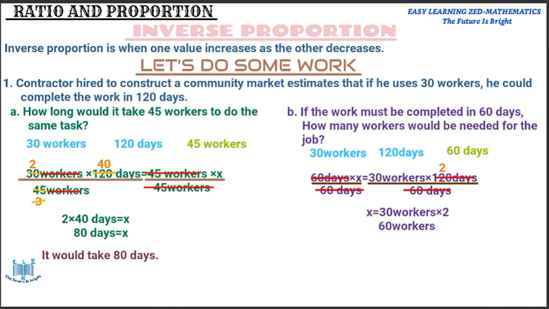So it will take 60 workers to complete the same work in 60 days. So that is the correct answer. We can write it as: it will take 60 workers to complete the same work in 60 days.